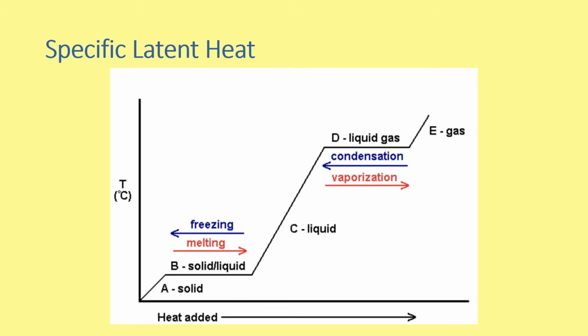When there is a slope, that represents a change in temperature. Look at the graph closely, you'll see that sections B and D represent changes of state, and sections A, C and E represent changes in temperature.